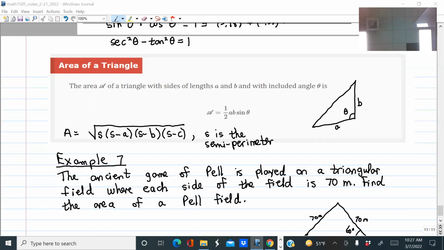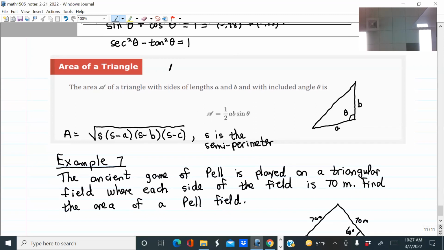So it's another formula for the area of a triangle. We already had a formula for the area of a triangle that we learned way back at the beginning of the course. Remember, we actually kind of proved that the area of a triangle is 1/2 of the base times the height.